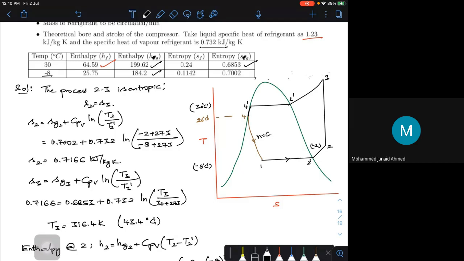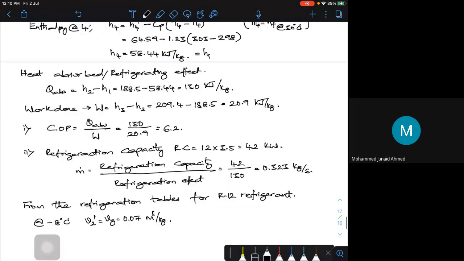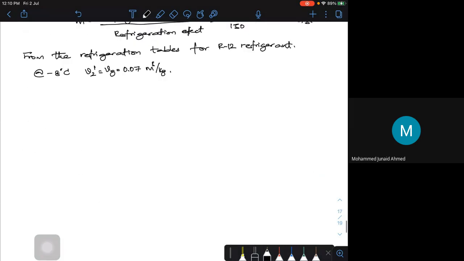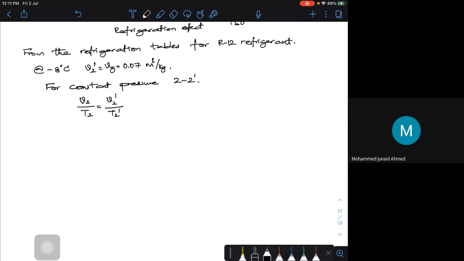For constant pressure, I can write V2 by T2 is equal to V2 dash by T2 dash. Are you getting? So I can easily find V2, because I know T2 and everything.